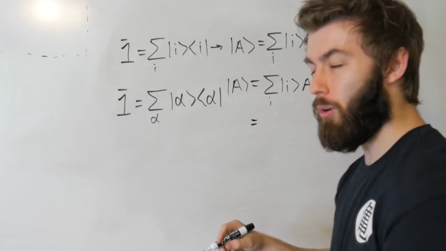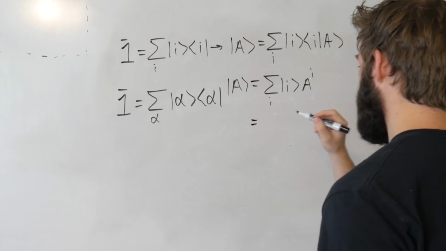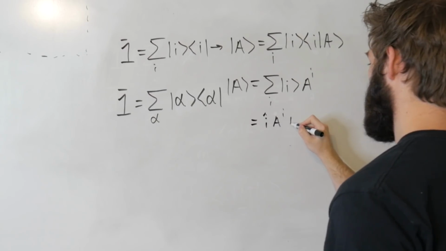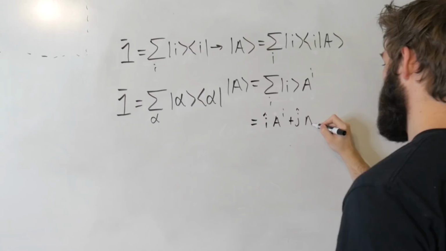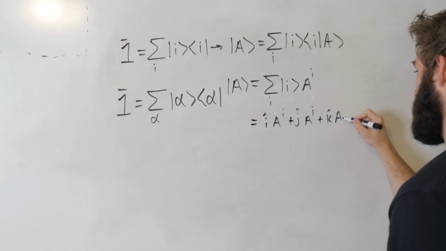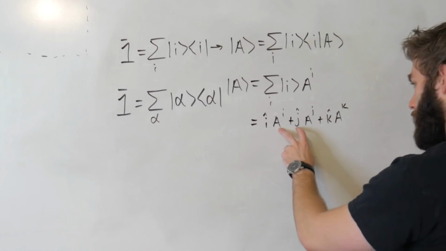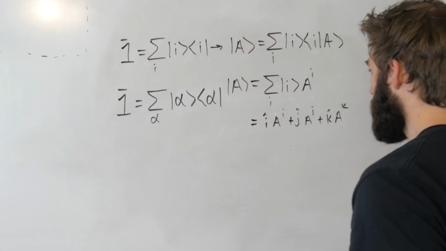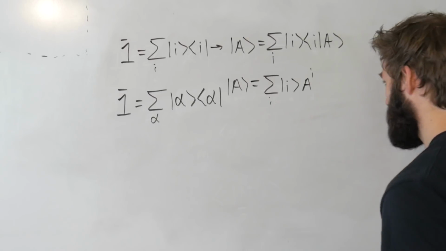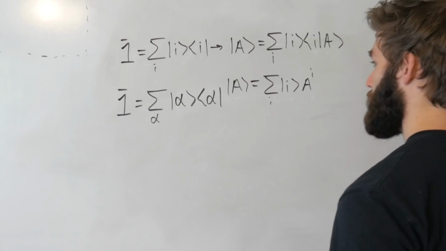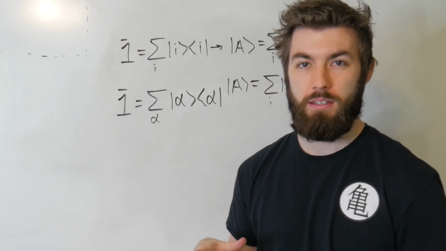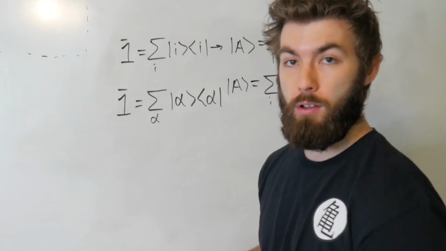If we were to switch back to the old notation, this is the same thing as i hat A_i plus j hat A_j plus k hat A_k, where this is like your x, y, z, or whatever. Okay, so this is just saying again that we can express any vector as a linear combination of unit vectors scaled to some degree. And now what we're going to do is learn how to transform into this new basis, into this alpha basis.